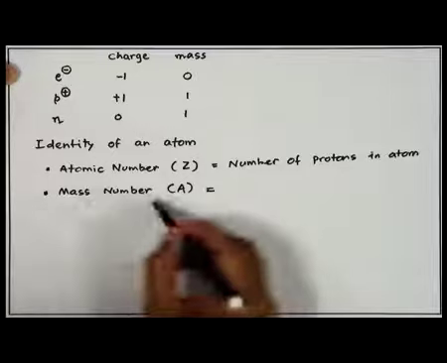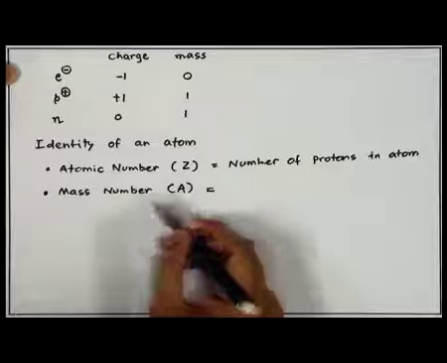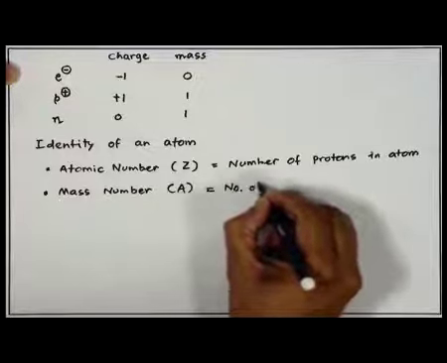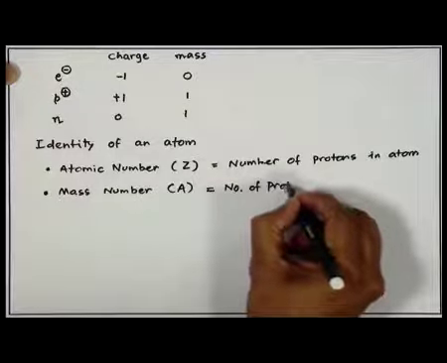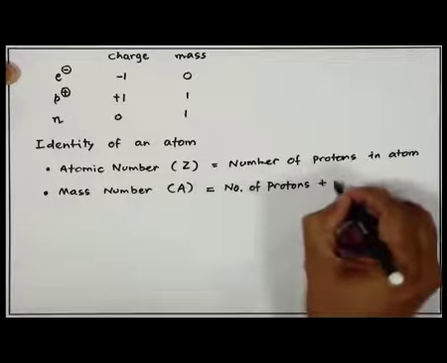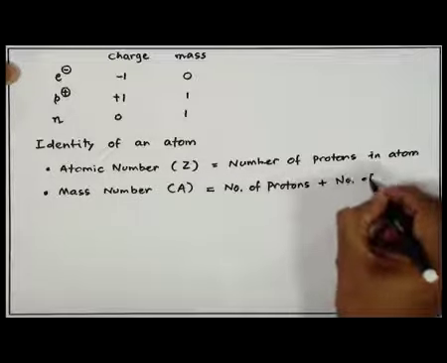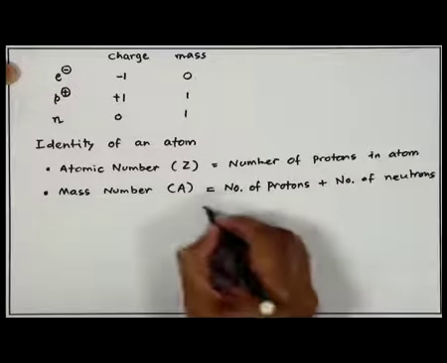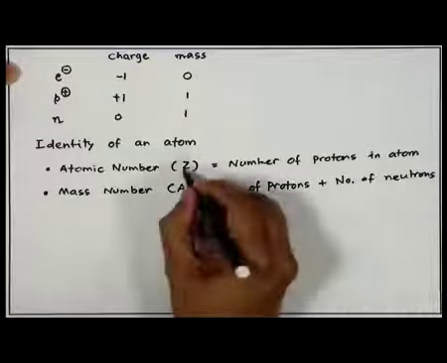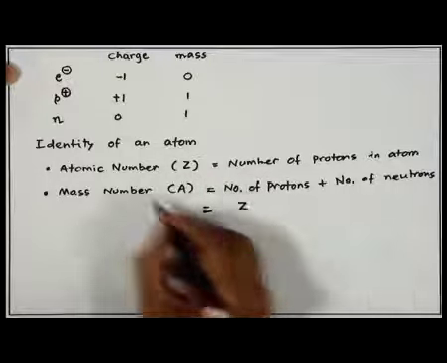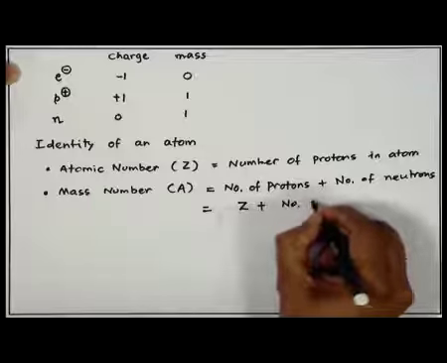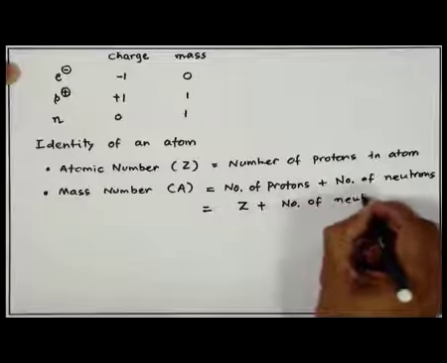Therefore, when establishing mass number, we say number of protons plus number of neutrons. But we already know the number of protons is given by Z. So, mass number is Z plus the number of neutrons.